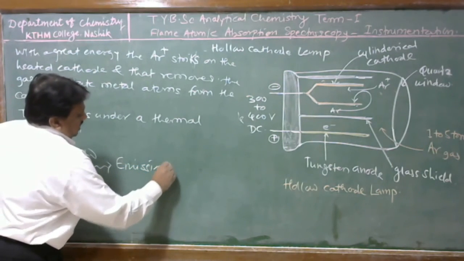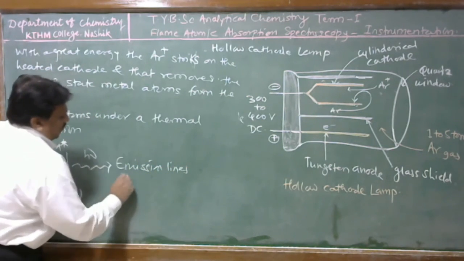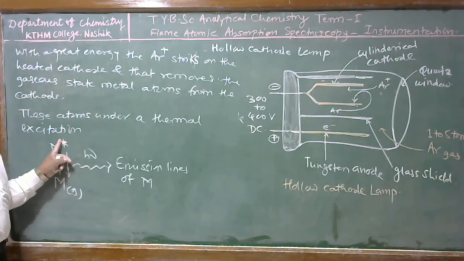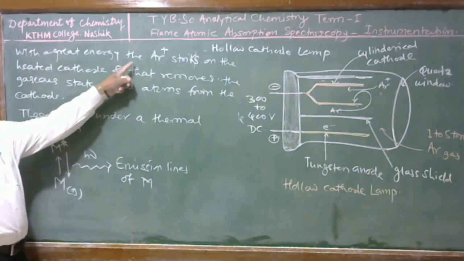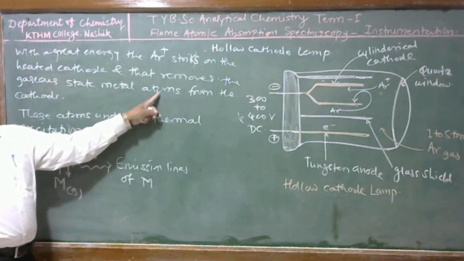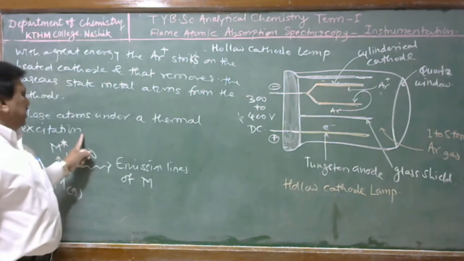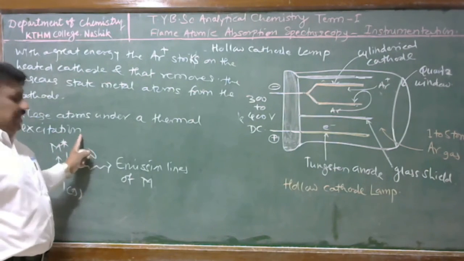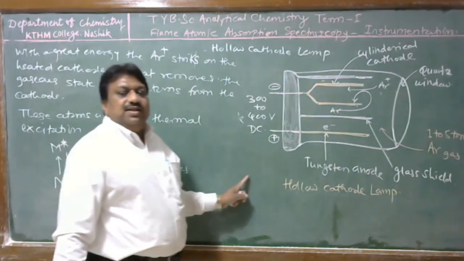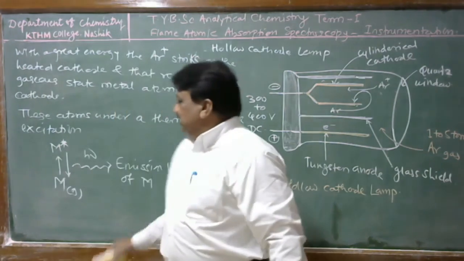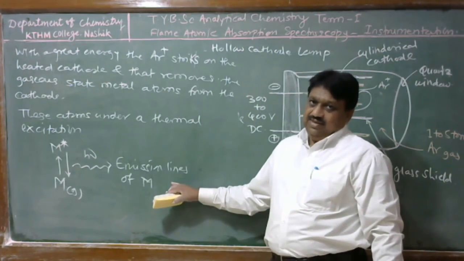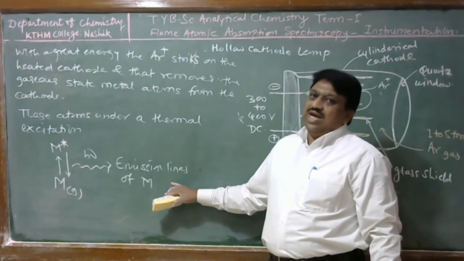Emission lines of the analyte metal present in the flame. That means here argon gas strikes on the cathode, that removes the metal atoms in gaseous state. These metal atoms undergo electronic excitation, and when they come back to ground state level, that emits a radiation, which is characteristic of the emission line of the analyte element. In this way, this hollow cathode lamp works.